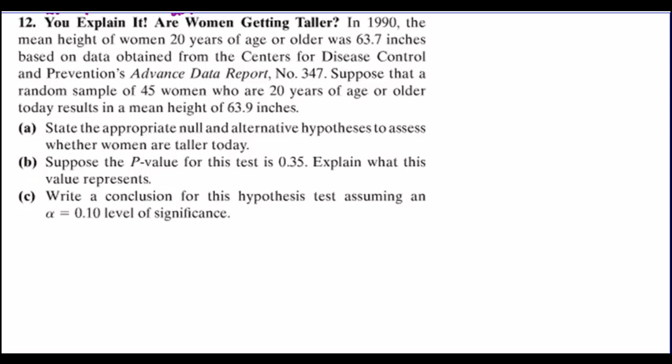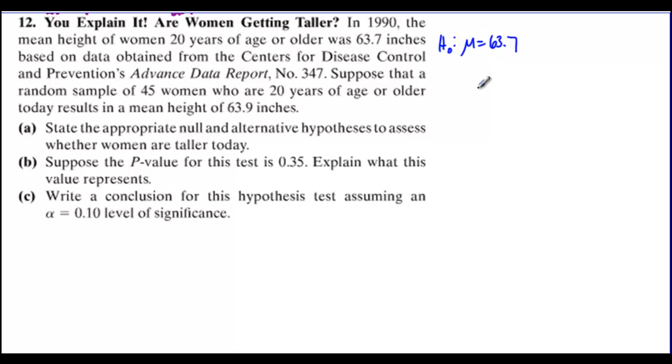So we're going to start with our H0 and H1. So our H0, we're talking about the mean here, and it started at 63.7. So the mean is equal to 63.7. And then it's saying that today it's 63.9. So it's wanting us to figure out if women are taller today.